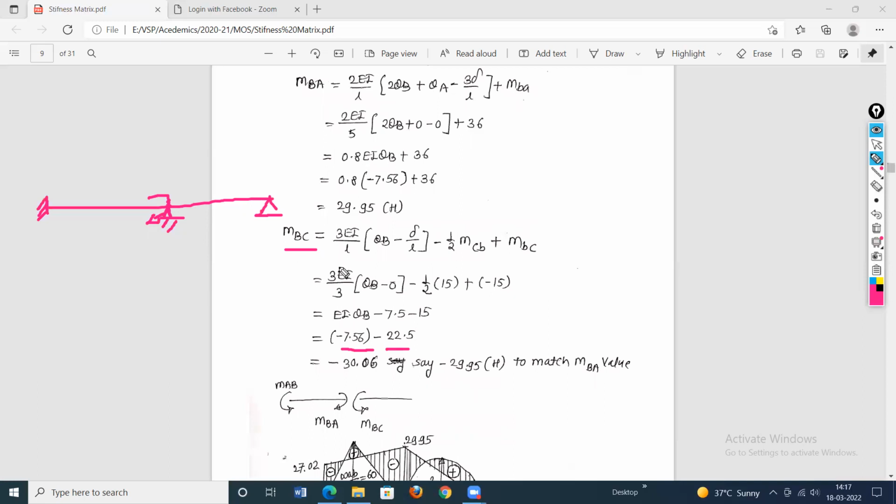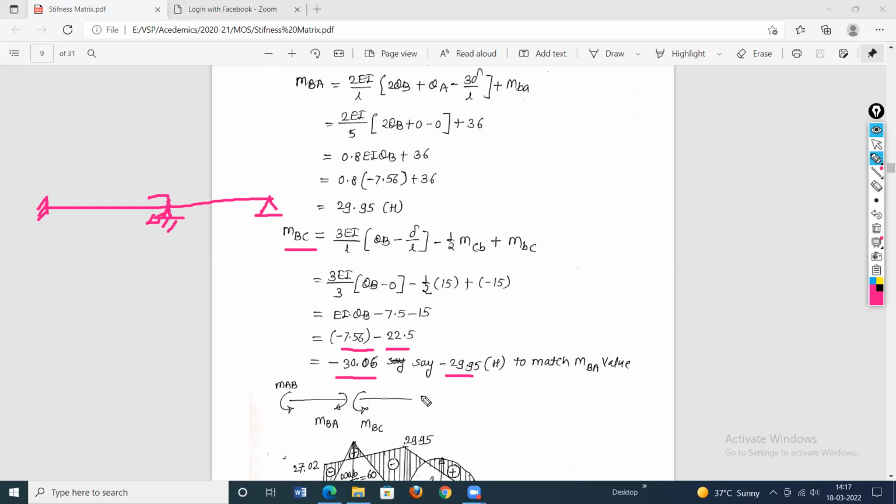Now we can write a modified slope deflection equation. So write the modified slope deflection equation for MBC. This is the equation: 3 EI by L theta B minus delta divided by L, minus 1/2 MCB, plus MBC. Then substitute the values in this equation. Then we get the value equal to minus 30.06.